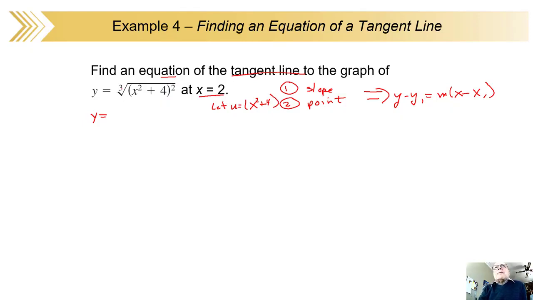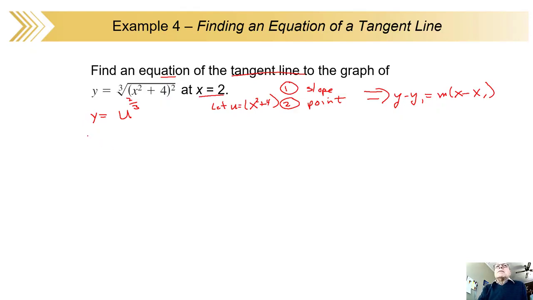Well, notice that you've got a cube root and a square. We can combine those two. That's a power of 2, root of 3. So I can write this whole thing as u to the 2/3 power. All of a sudden, we've got something that's pretty simple for us to work with.